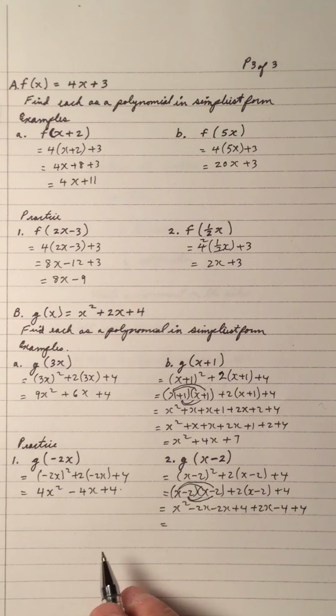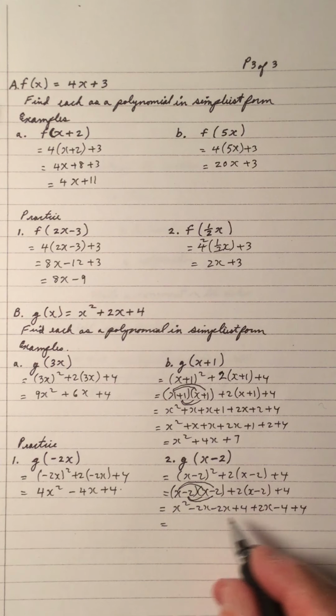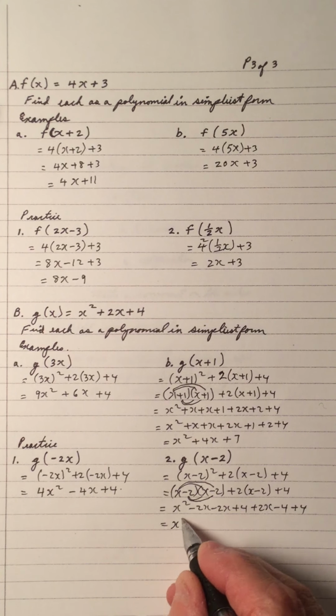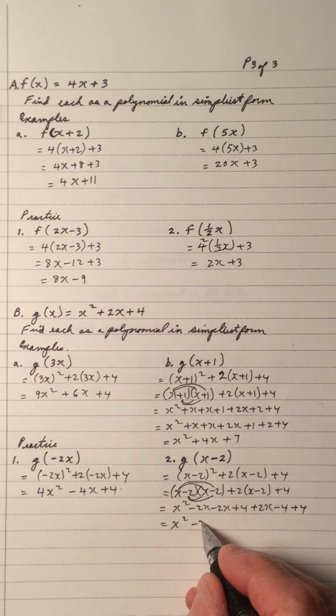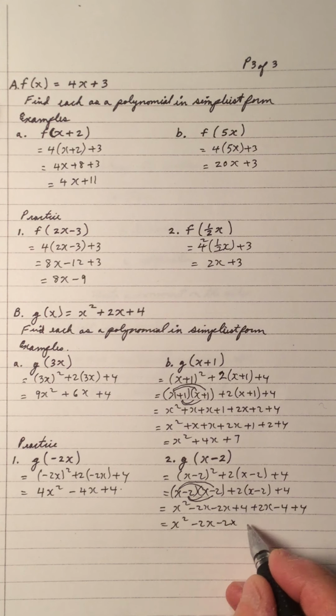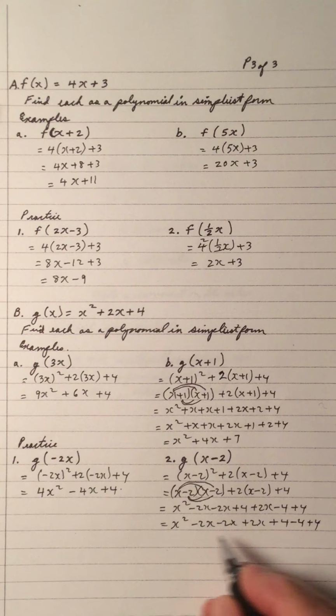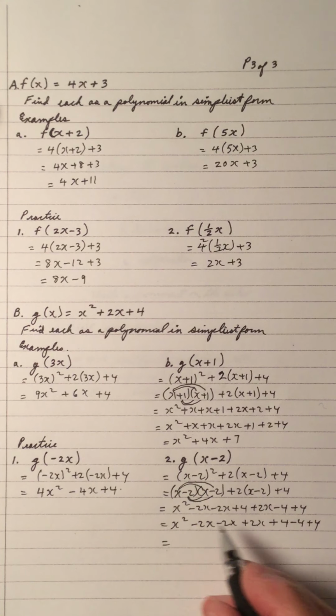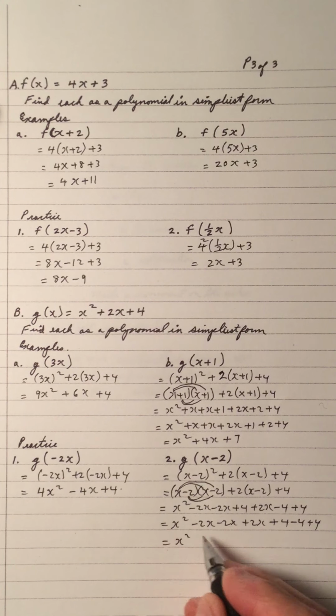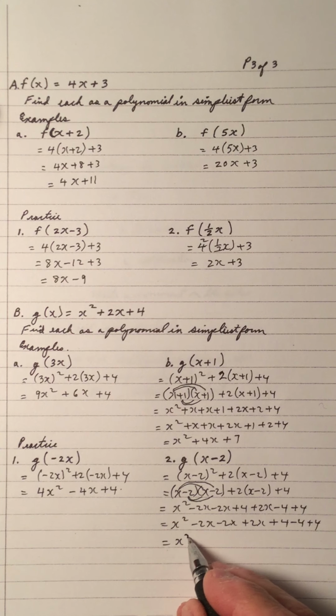All done. And I group everything together. Like terms, x squared first. Then the x's, negative 2x plus 2x. I have a plus 4 minus 4 plus 4. And all done. The x squared has no other terms to add to it.